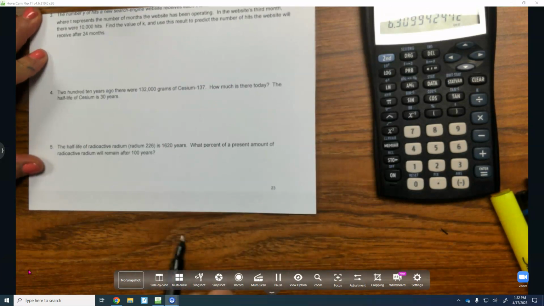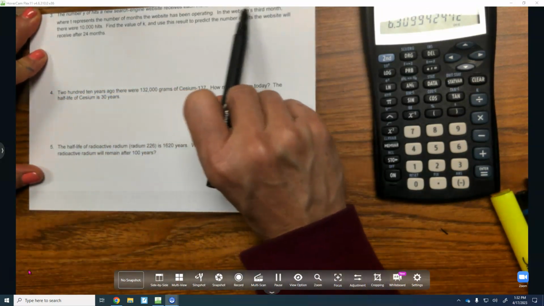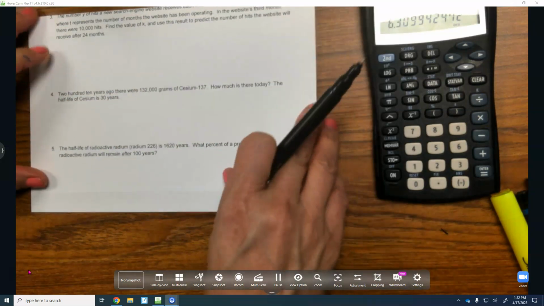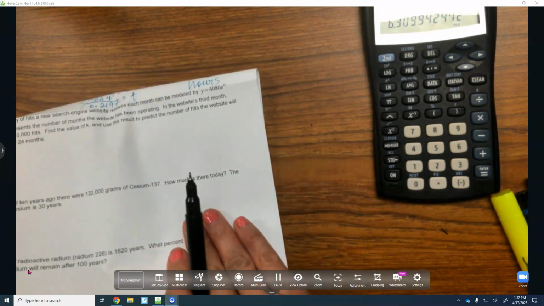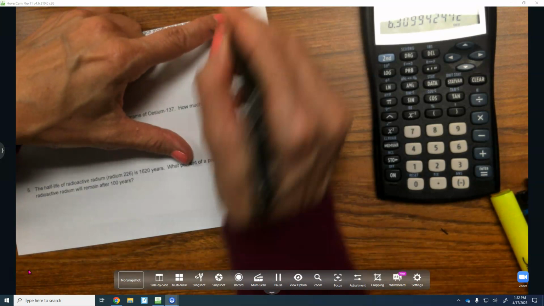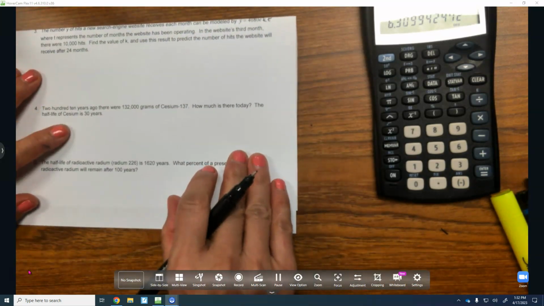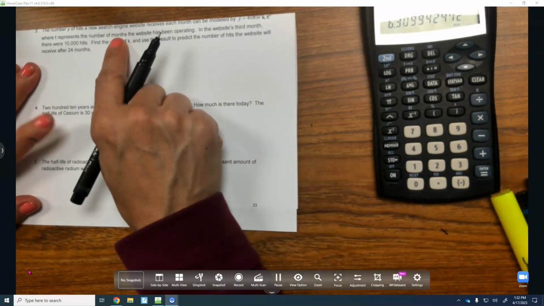Okay, let's see what's going on with number 3. The number of hits a new search engine website receives each month is modeled by this function, and my fold cut off the exponent. So the exponent is kt. Sorry about that. All right, so we know that t represents the number of months this time.